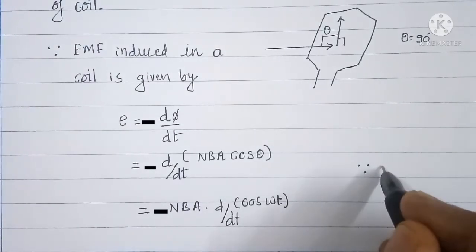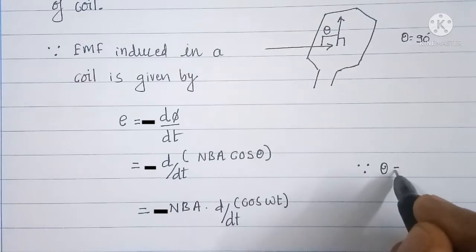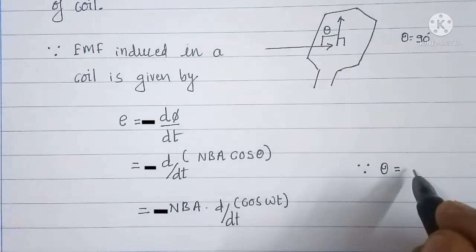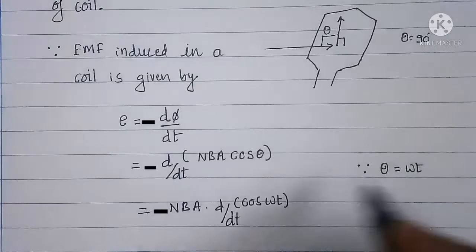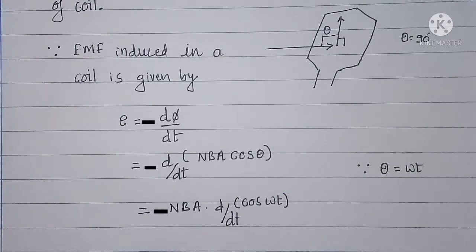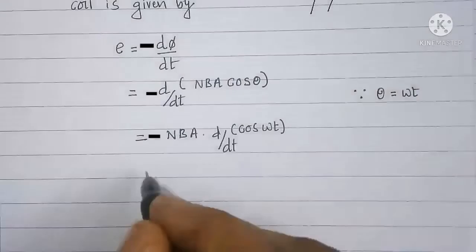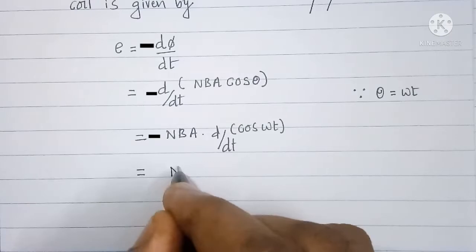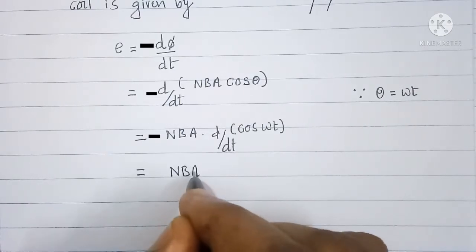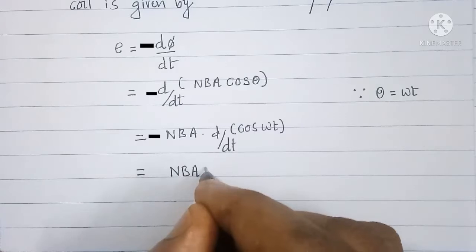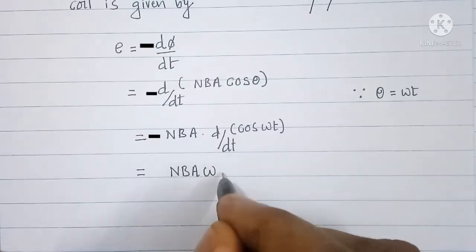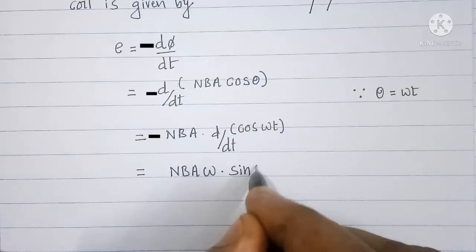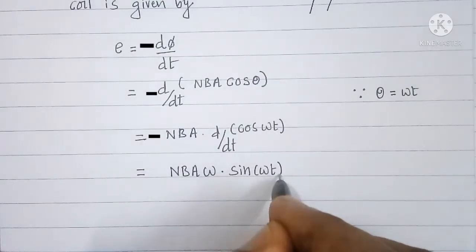Since theta at time t is equal to angular velocity omega into time t, we can substitute for theta equal to omega t here. On differentiating, we get NBA into omega into sine of omega t.